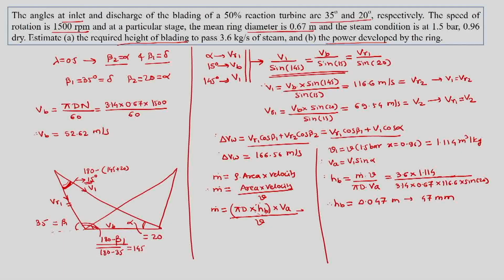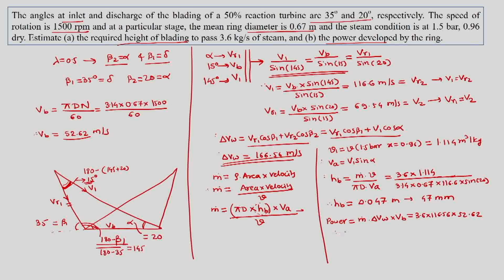Now we can find out power developed. Power developed is equal to m dot into delta VW into VB, and delta VW is found out to be 166.56, so 166.56, and VB is also known, 52.62.